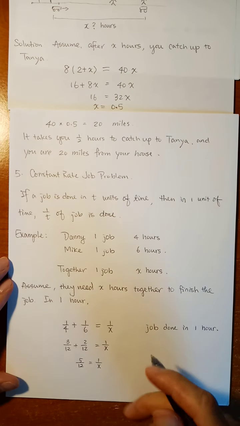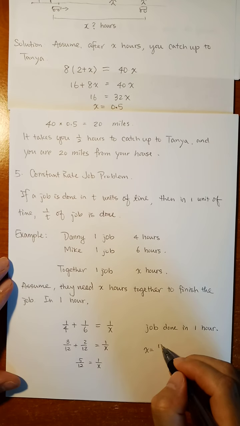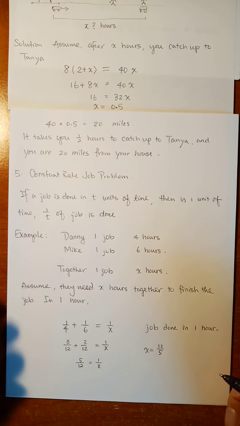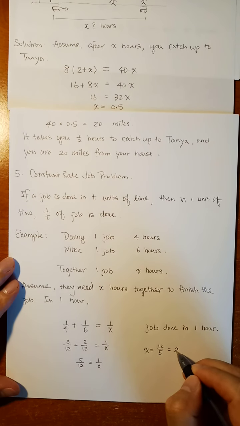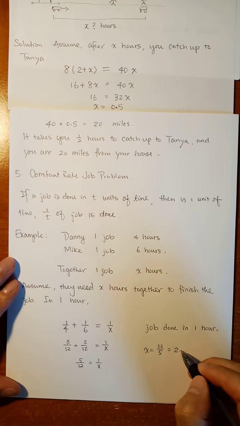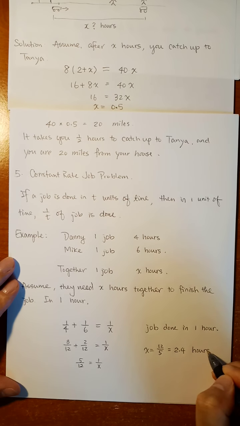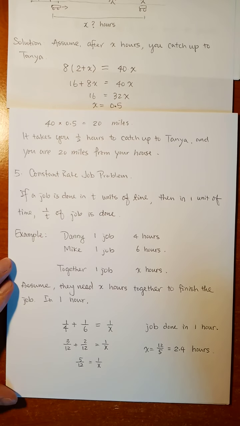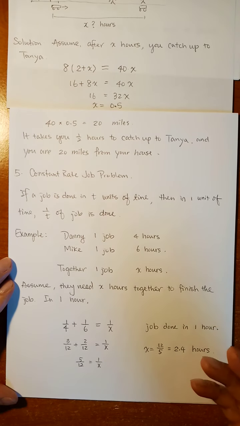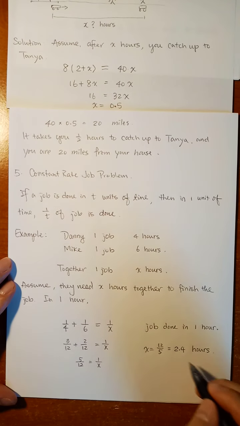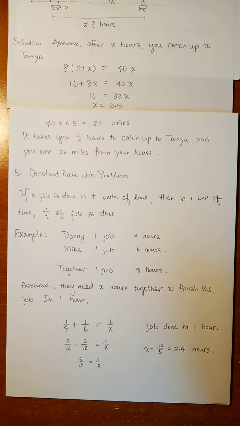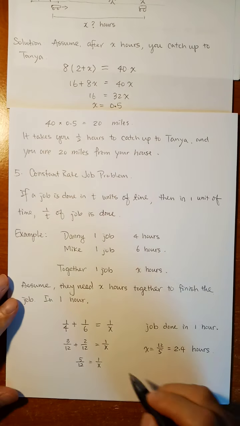So you flip two sides, you will get x is 12/5. 12/5 is 2.4 hours. Right? So they can finish the job in 2.4 hours.